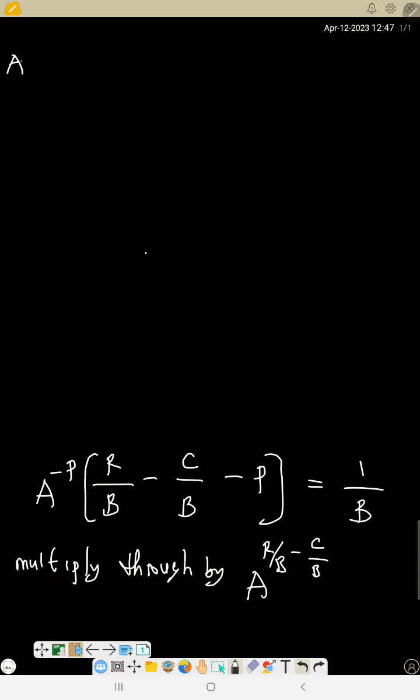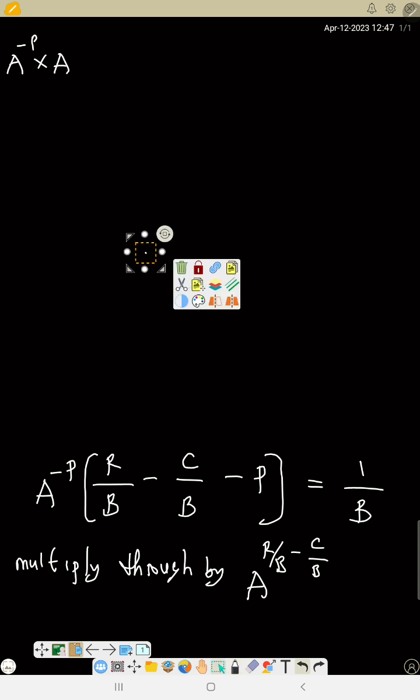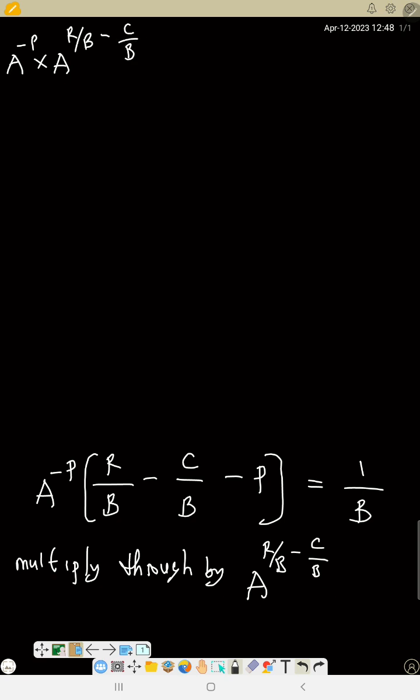a raised to power minus p times a raised to power r over b minus c over b, then brackets r over b minus c over b minus p.